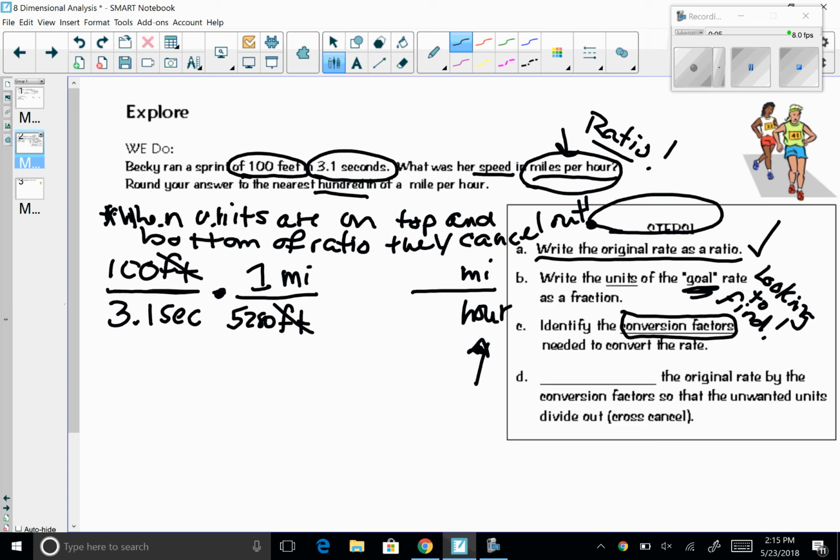My units cancel out when they're on the top and the bottom. The problem is right now the units that are left over are miles and seconds, but I need miles and hours. So I need to do one more conversion that will help me figure out how I can get hours on the bottom. And I need seconds to cancel out.